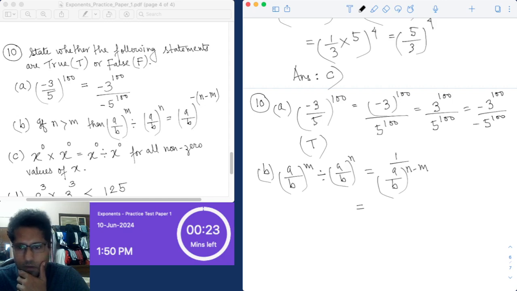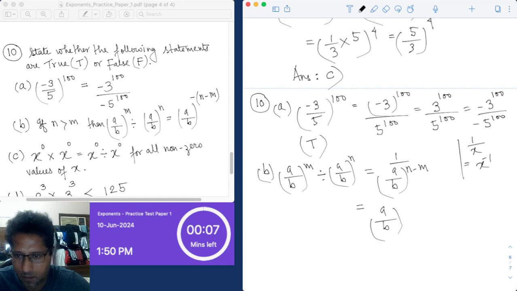Now 1 by x is nothing but the reciprocal of x, so we write it as the reciprocal.